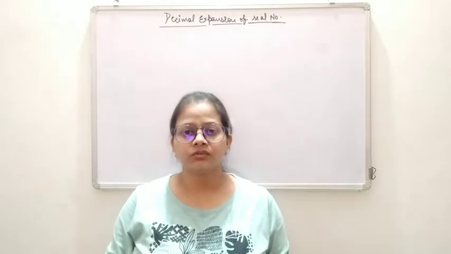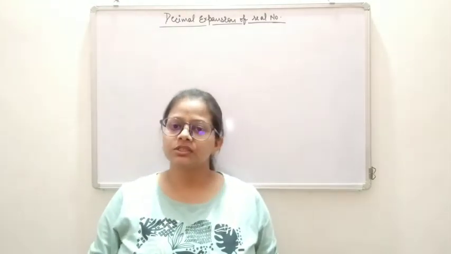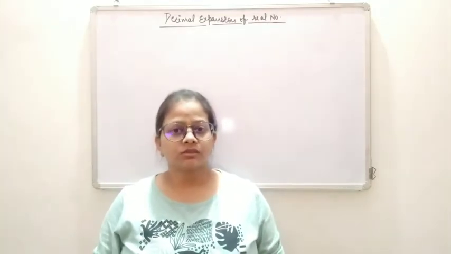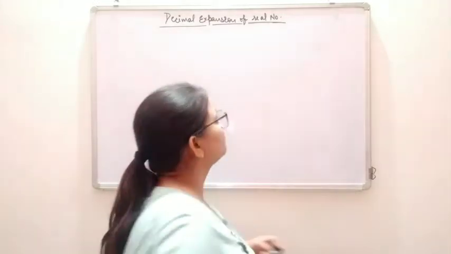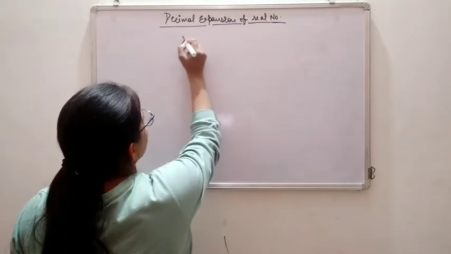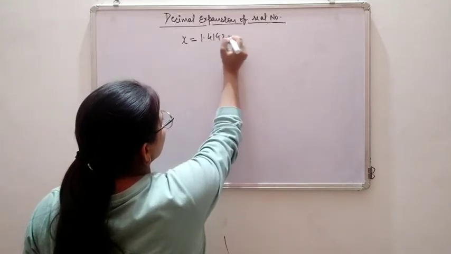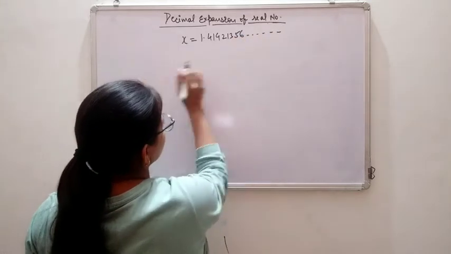Now we are done with the decimal expansion of rational numbers and we also discussed some examples. Clear? So let's talk about the decimal expansion of irrational numbers. Let's say there is a number like 1.41421356, and it keeps going like this.